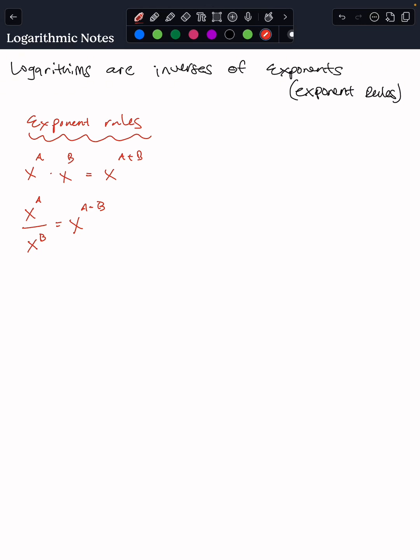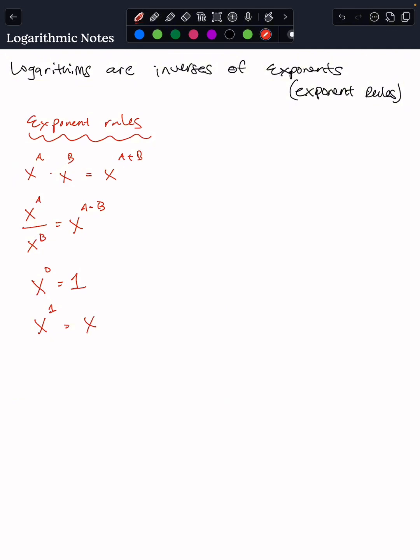And then a couple of other great ones were x to the 0 is 1. Anything to the 0 power is 1. Anything to the 1 power is itself.